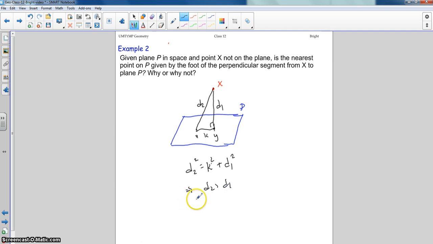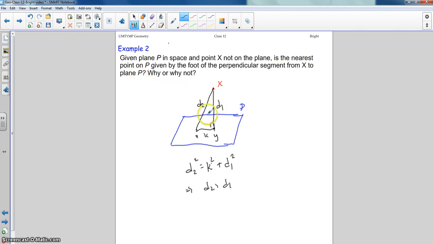So d1 would be the shortest distance. My conclusion to this, and I'm not going to write it out, but I'll talk through it: is the nearest point on P given by the foot of the segment from X to plane P? Yes.